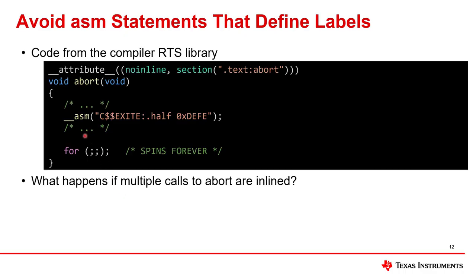Well, this ASM statement shows up in multiple spots, which causes a multiply defined symbol error, and it just goes downhill from there. You can't have that happening. So the solution in this case is to apply the attribute noinline to the abort function so that inlining doesn't occur for it, so that you can guarantee a single instance of this label.